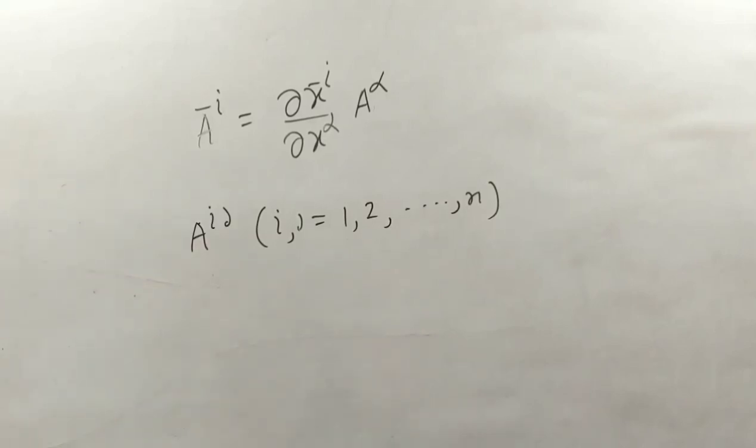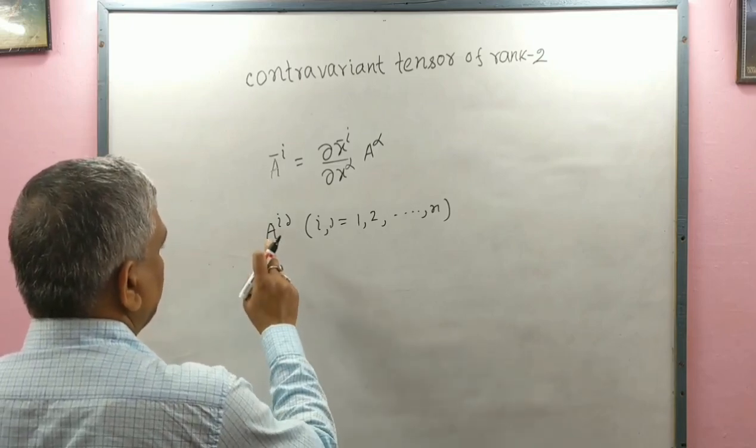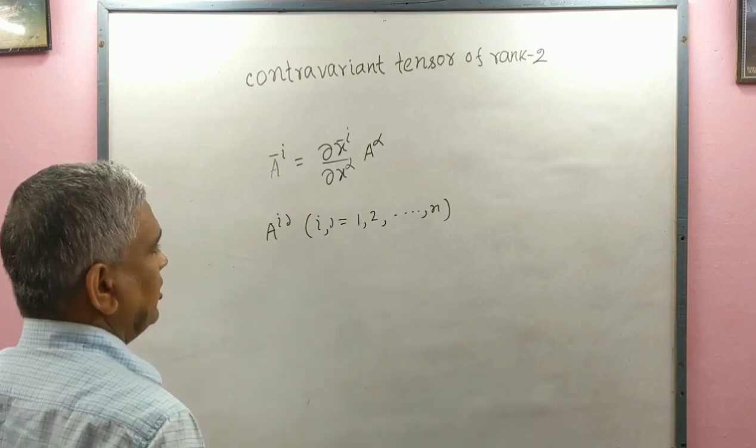So in that matrix, the number of quantities will be n square. This is the contravariant tensor in X system of coordinates.